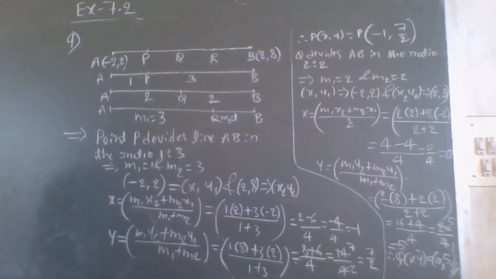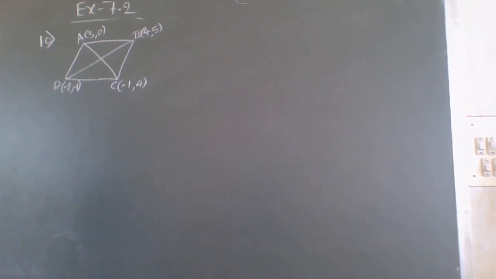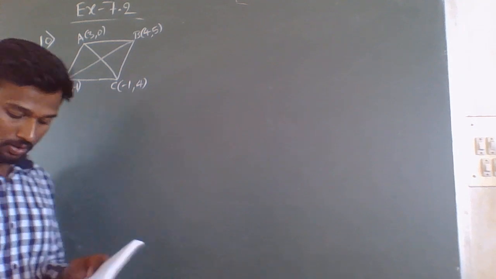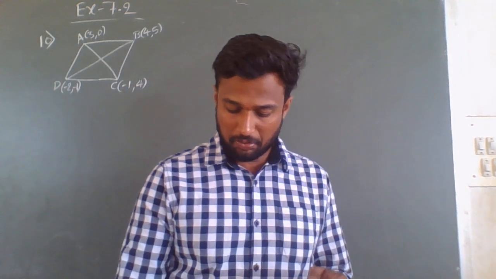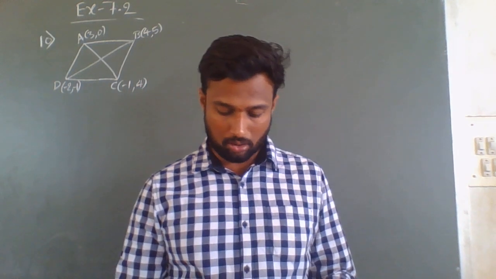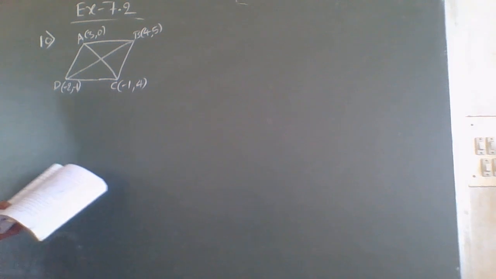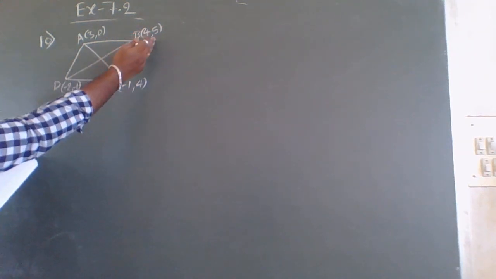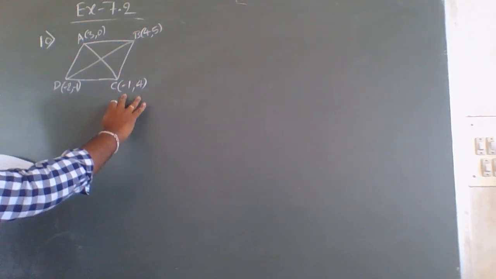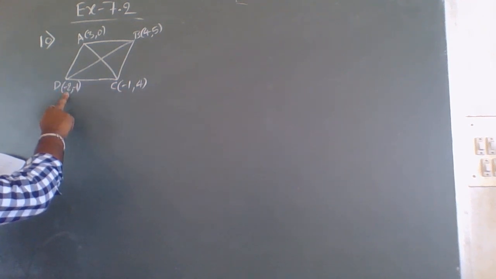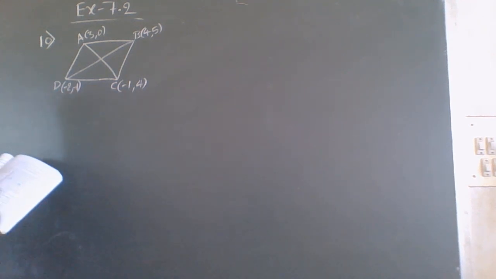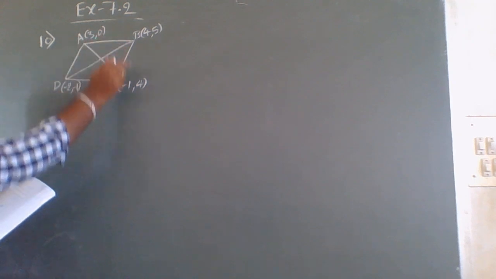So now I will move to the next problem, the 10th one. In this 10th problem, what they have given is: find the area of the rhombus. We have to find the area of the rhombus if its vertices are, they have given 4 vertices here, 3, 0, 4, 5, minus 1, 4, minus 2, minus 1, taken in order.